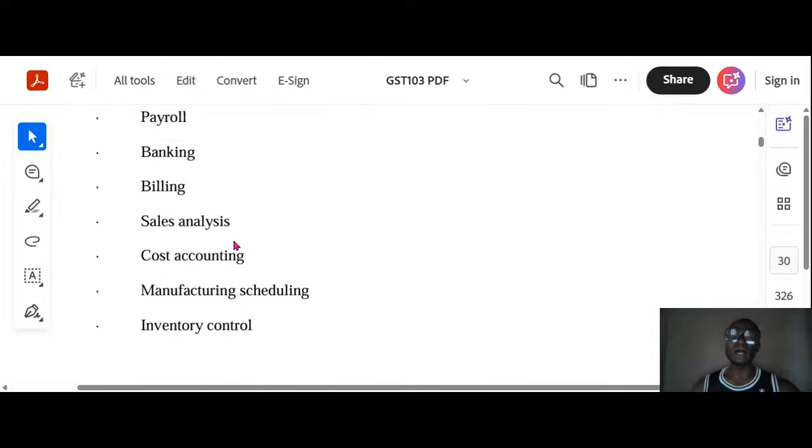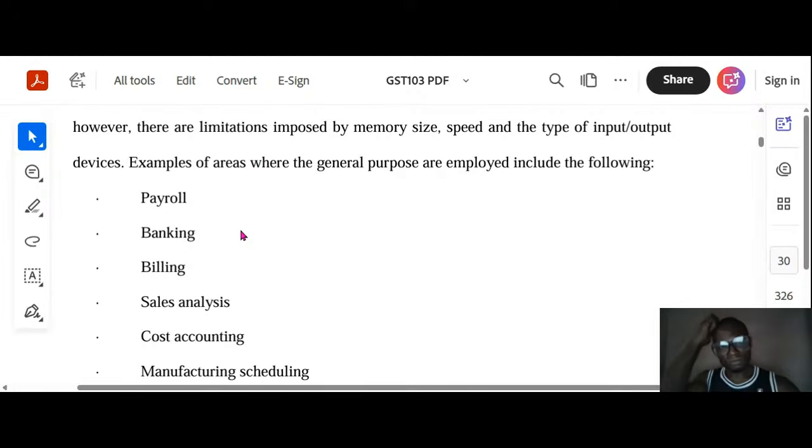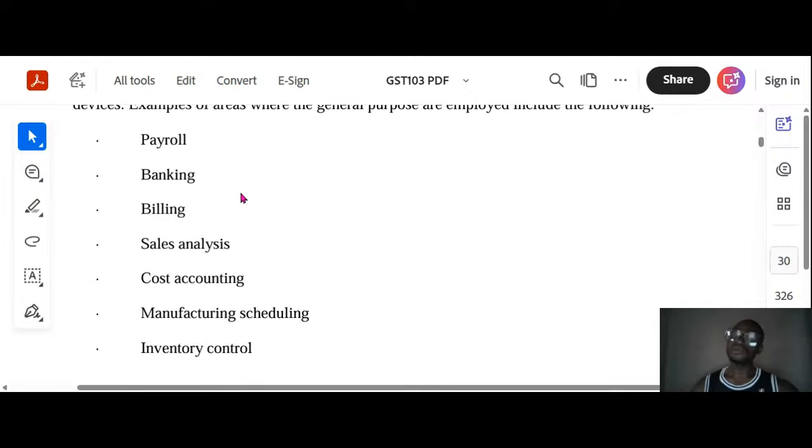All these are examples of places where general purpose computers can feature. Anywhere you feel they use a computer that can do different things, not just one thing, then you know that a general purpose computer can fit in. You understand?